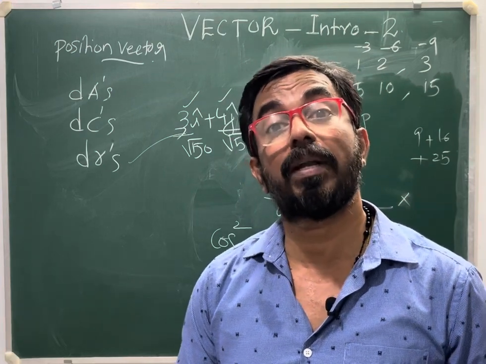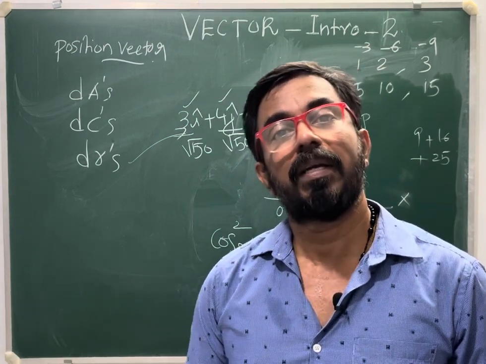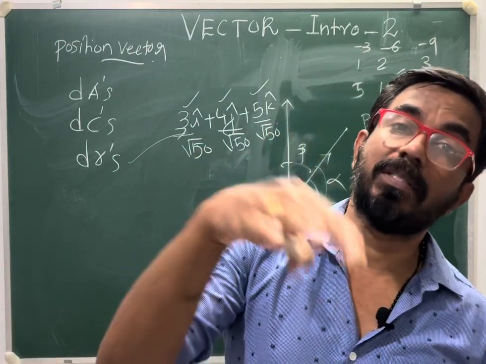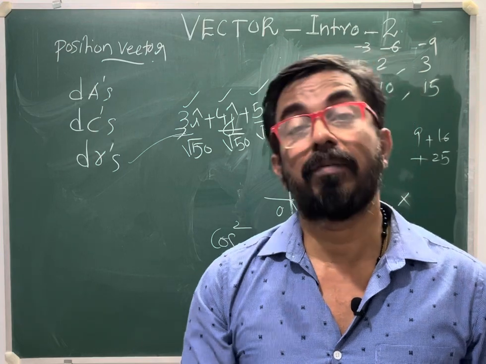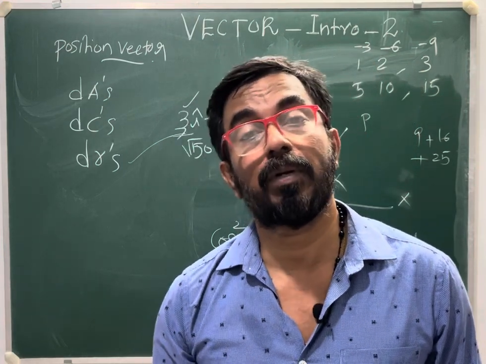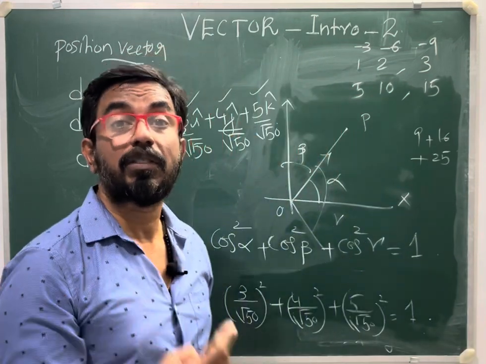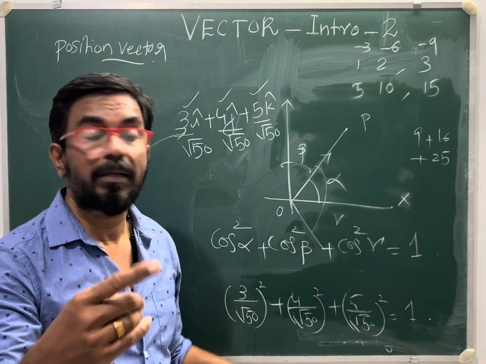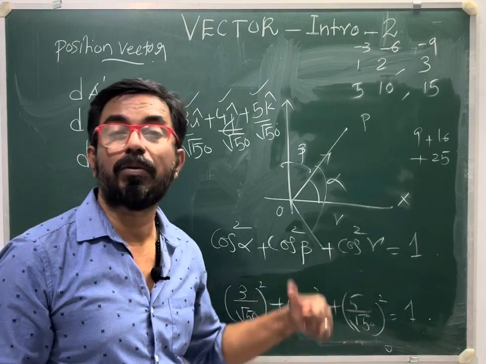With the x-axis, what angle will it make? 0 degrees. With the y-axis, 90 degrees. With the z-axis, 90 degrees. So our direction cosines will be cos 0, cos 90, cos 90. Cos 0 is 1, cos 90 is 0, and this also will become 0.